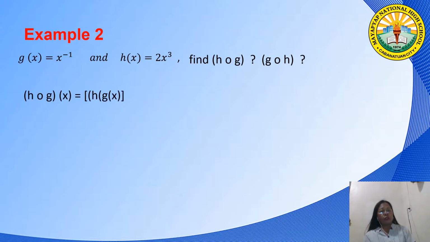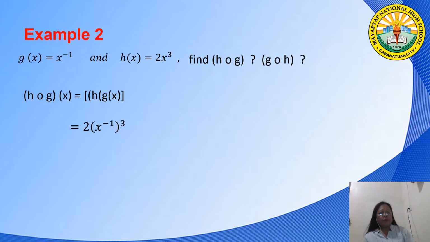So by definition, h composed of g of x equals h of g of x. g of x is the domain of h, where our h is h of x equals 2x to the third power. Therefore, 2 multiplied by x raised to negative 1, to the third power.